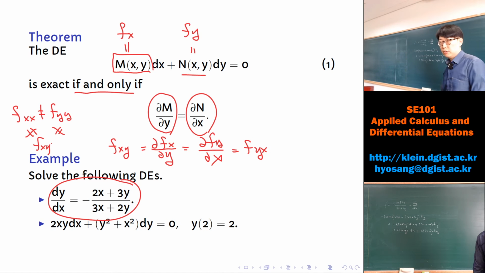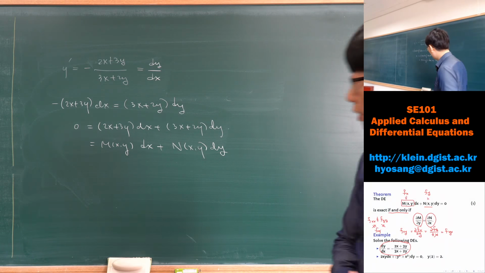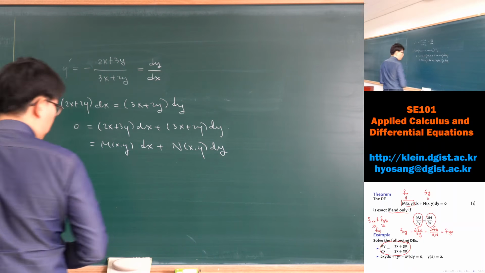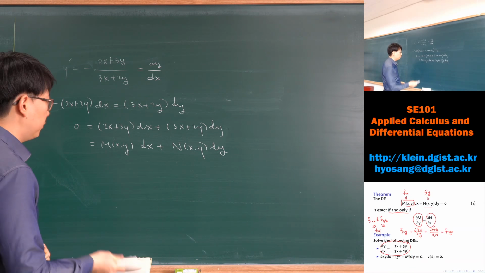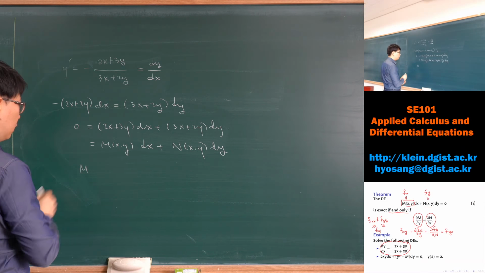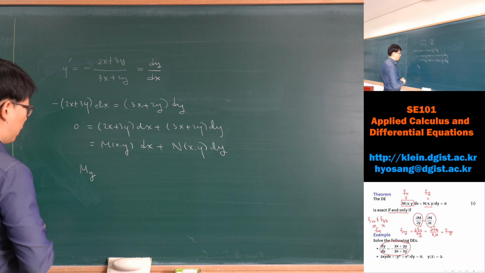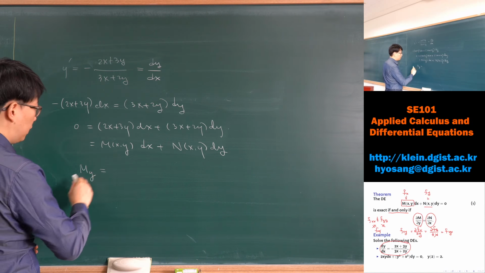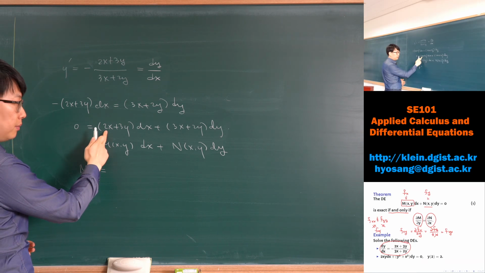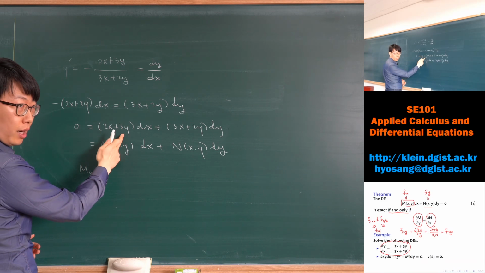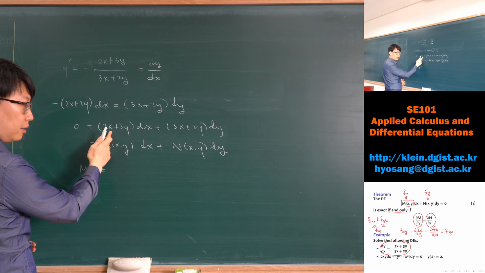So let me go back to the example here, and let's check whether this is exact by the theorem. We have M, and let's take the partial derivative in y of M. What we get is the derivative of 2x plus 3y with respect to y, taking x as constant.